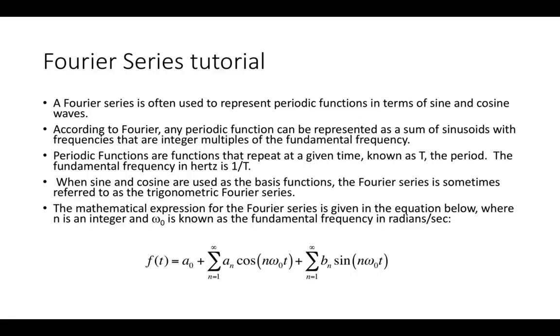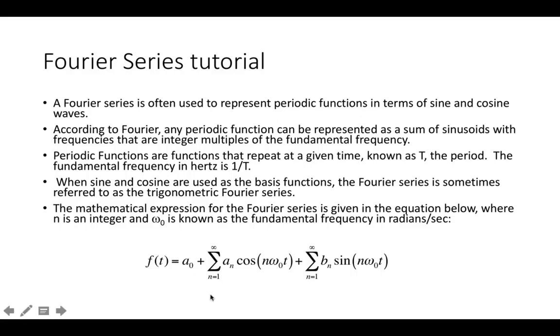When n is equal to 1, that's the fundamental frequency. It's worth pointing out that a sub n and b sub n for any value of n can be, and often are, 0. So it's not unusual not to have terms for n equals 1, 2, 3, 4, 5, and so on.